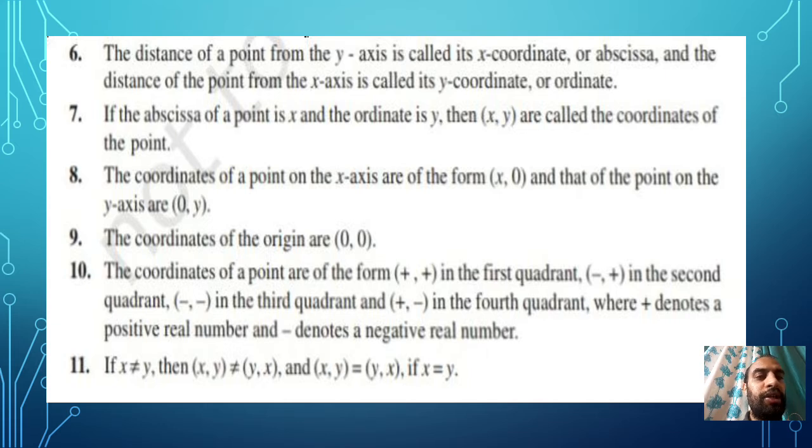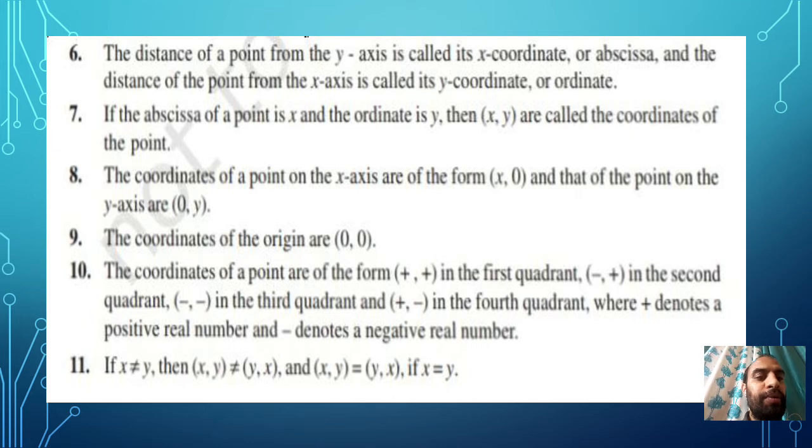That means we directly need to write that it is on the x-axis or y-axis. How do you know on which axis it is? If the first value is given and the second is 0, it is on the x-axis. If the first is 0 and the second value is given, like 0, y, then the point lies on the y-axis.